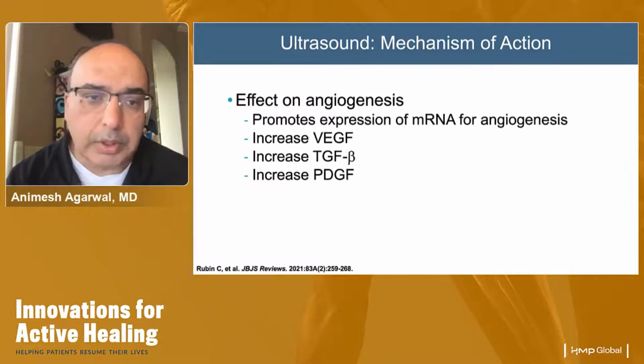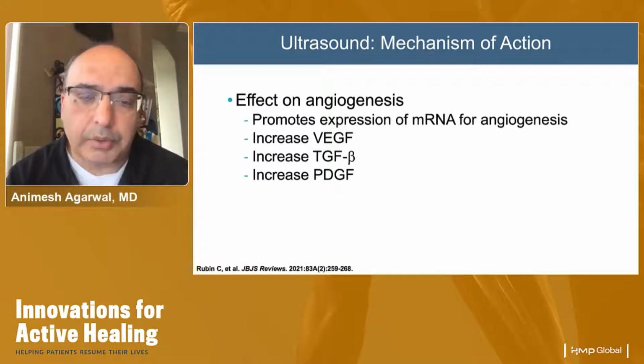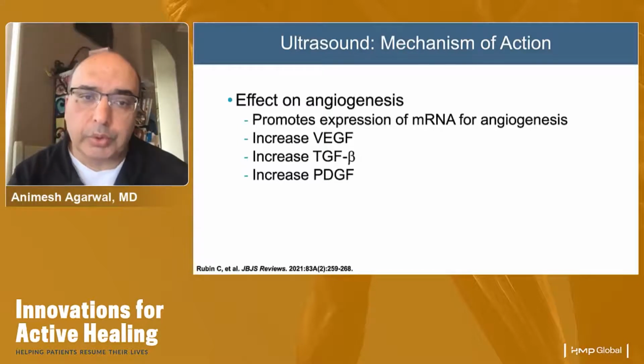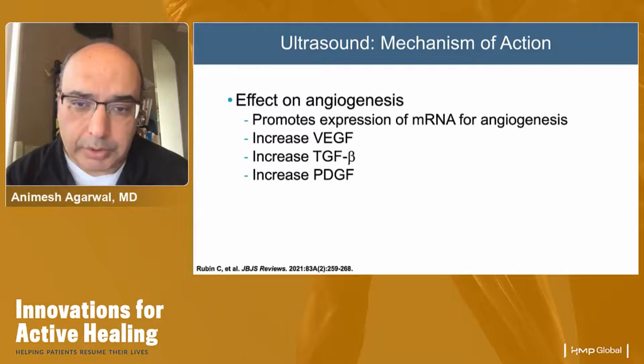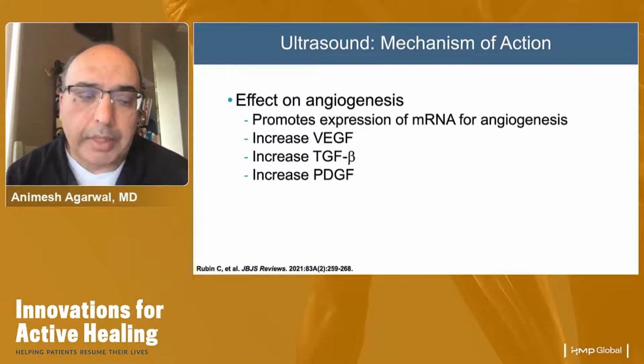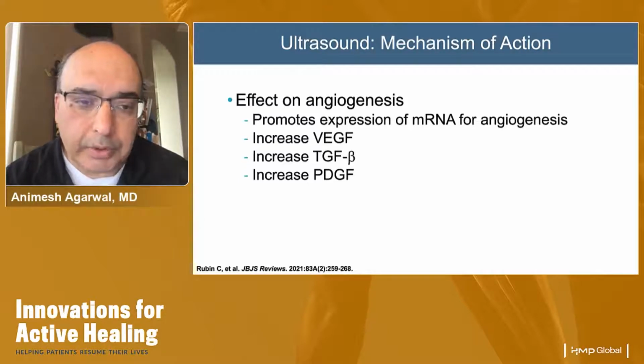So if you look at the effect on angiogenesis, which again is crucial because we need a good blood supply to the fracture site, this helps promote expression of messenger RNA for angiogenesis. And you have an increase in these particular fractures.